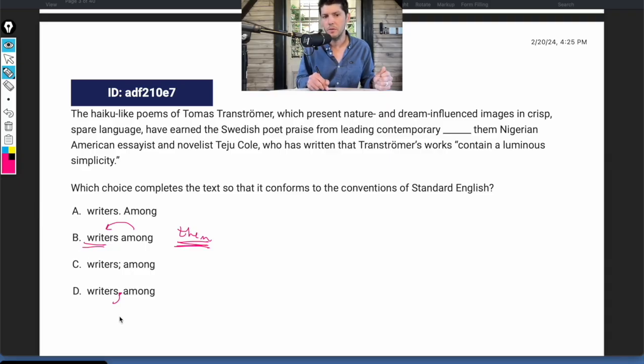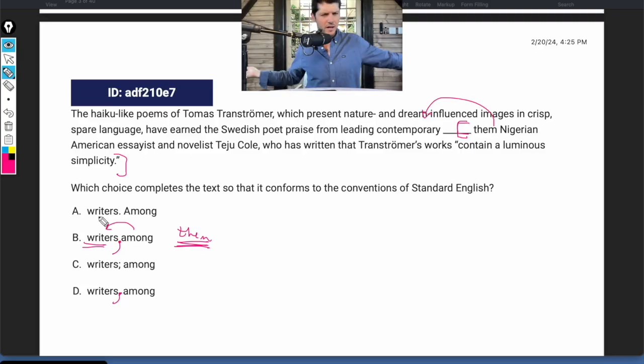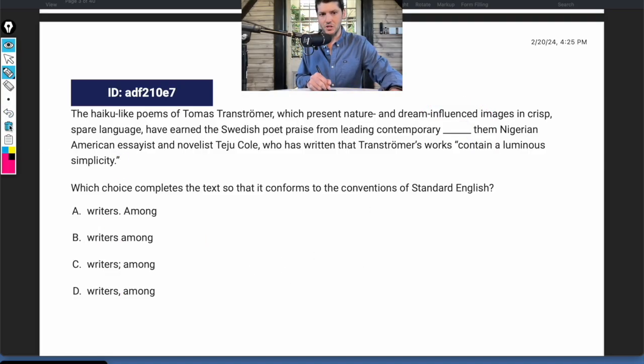If we break this apart, then this next phrase almost becomes its own phrase, starting here with among them all the way to the end. So now we can refer back to writers because we've got enough of a break in between. Otherwise, what are we talking about? Right? So that is a very challenging question, and one for which the general rule does not apply.